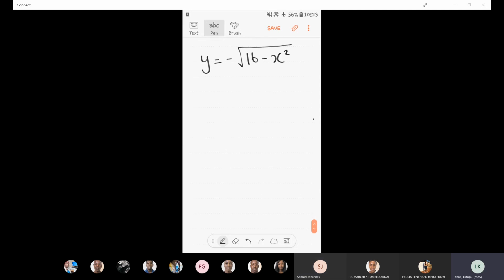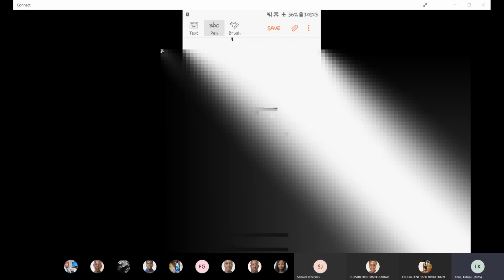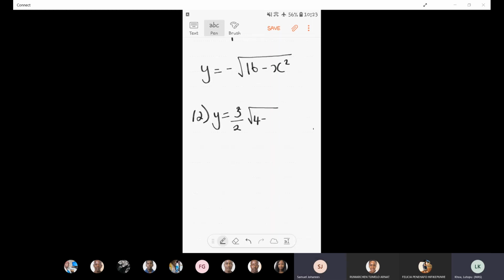Then number 12. We have y is equal to 3 over 2 square root of 4 minus x squared. Okay, now this one looks like it is some kind of semicircle-ish.